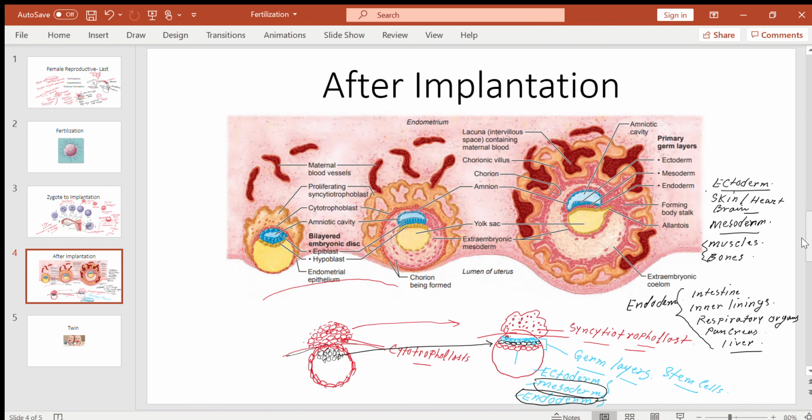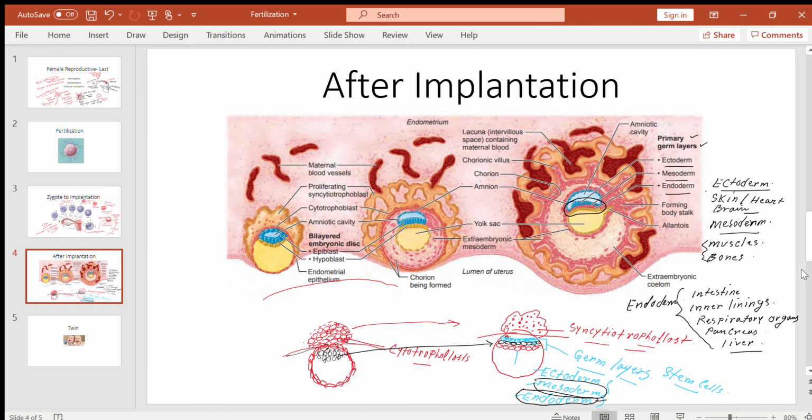So there are a lot of overlappings, but in general, those are the three layers, and the structures come from those three germ layers. So here you see the primary germ layers, ectoderm, mesoderm, endoderm. Okay, and these three layers form the embryo.